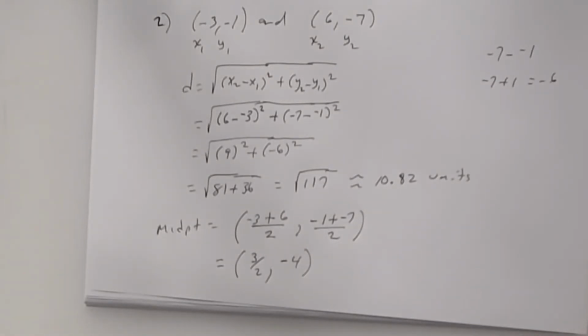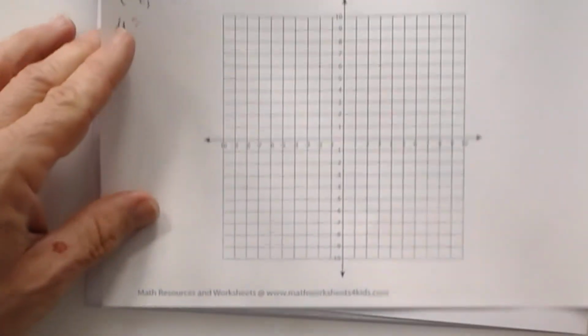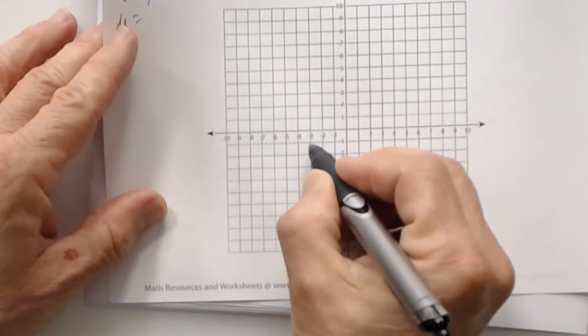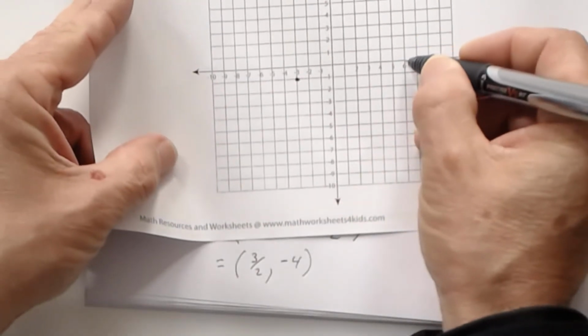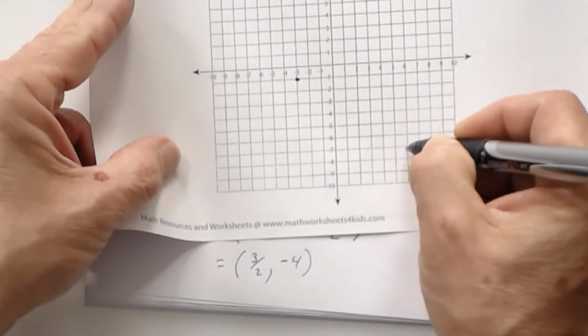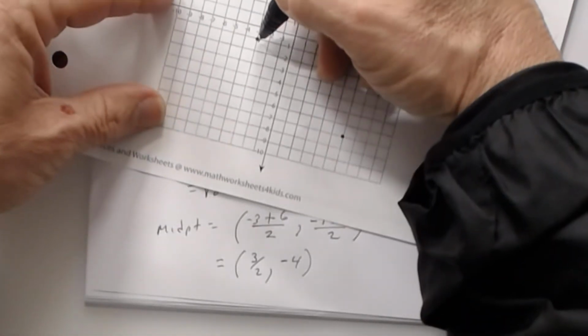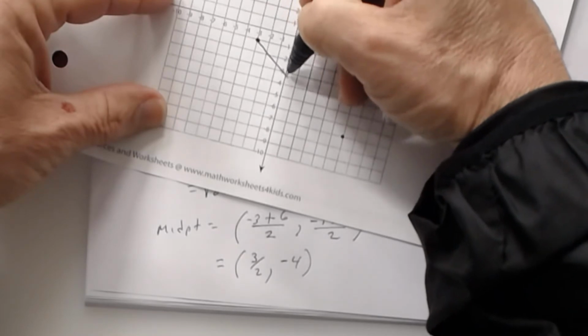If you were to just very quickly plot the points, -3, -1 is in the third quadrant, and 6, -7 is in the fourth quadrant. I'm drawing this by hand, so it's not going to be straight.